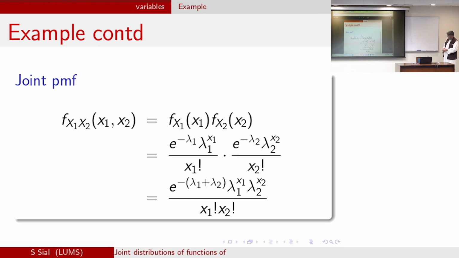So I take the PMF for the Poisson random variable with rate lambda 1, and I multiply by the PMF for a Poisson random variable with rate lambda 2. Multiplying these two together and using the rules for exponents, I can express it in this way. This is how I find the joint PMF for the original random variables.